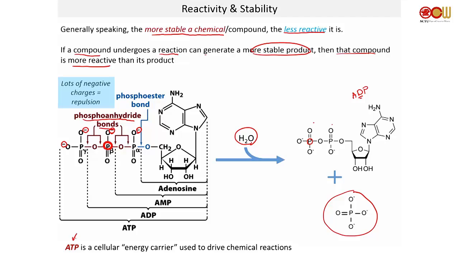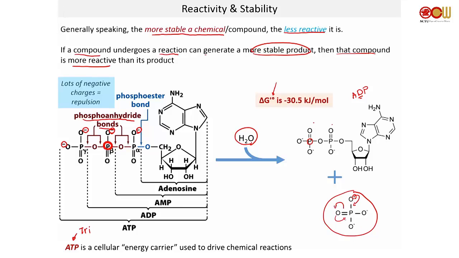T is triphosphate. Now this delta G is pretty large. The delta G prime naught, we'll talk about the definition of that prime in just a minute, but you should know what delta G naught is, the little circle. It's minus 30.5, which is quite large. This is a pretty good amount of energy.